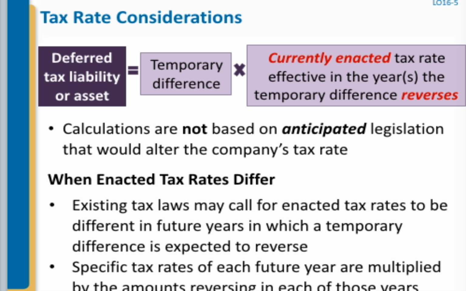Let's see. This slide is basically just saying that even if you have tax proposals on the table that seem likely, or the writing's on the wall that they're going to pass and change all of this stuff, making it so you don't have to report this deferred tax liability because it's going to give you a great tax break or whatever it is, until these are actually signed into law, you can't base any of these calculations on anticipated rates.